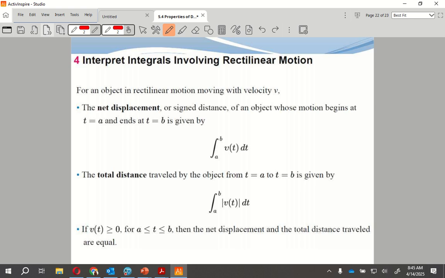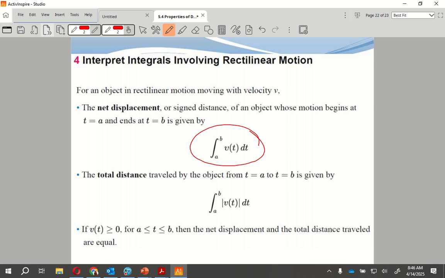Alright, interpret integrals involving rectilinear motion. Net displacement is where am I at now compared to where I started. It says net displacement or signed distance of an object whose motion begins at A, ends at B. So, think of it like this.